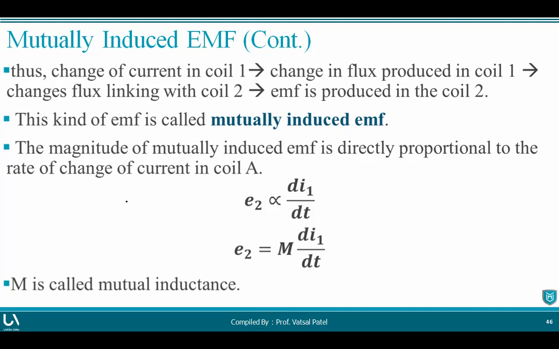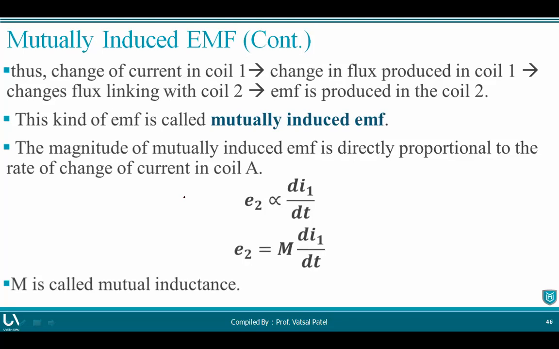The magnitude of this mutual induced EMF is directly proportional to the rate of change of current in coil A. Coil A means what? Coil 1. So that's why it is written here that the induced EMF in the second coil is proportional to the rate of change of current in coil 1, because ultimately the source is connected with coil 1 only.